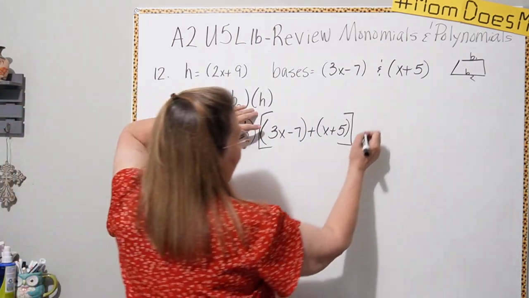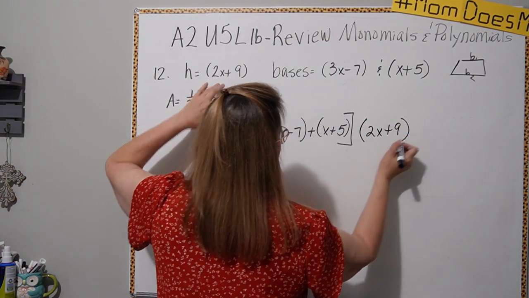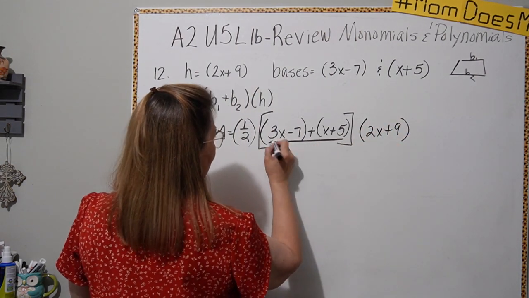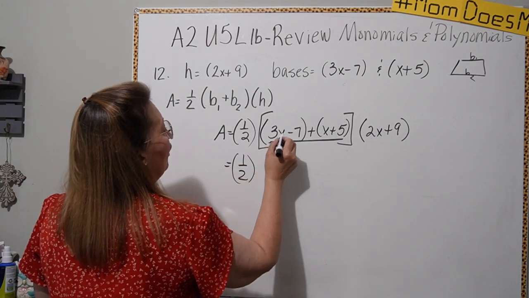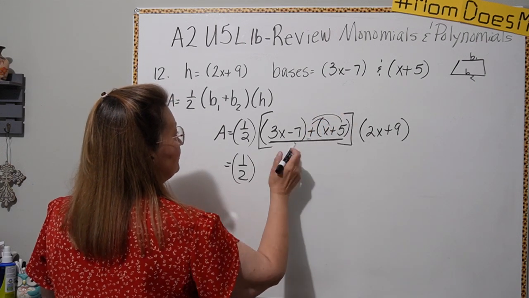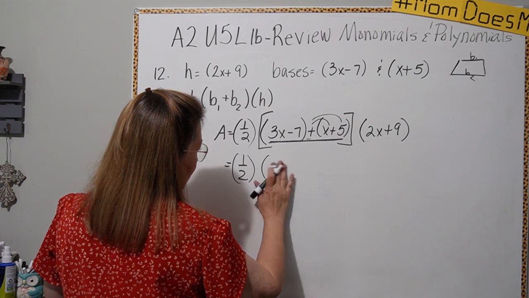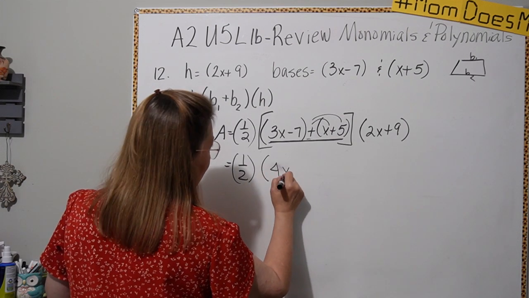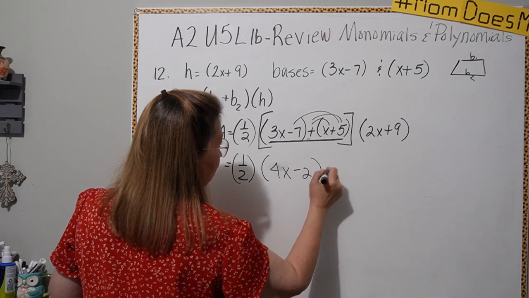All right, now our height is 2x plus 9. So first, let's go in here and let's add these things. So I'm going to keep my 1/2. All right. There's a plus sign in here, so when I distribute it, nothing changes. So 3x plus x is 4x, and minus 7 plus 5 is minus 2.